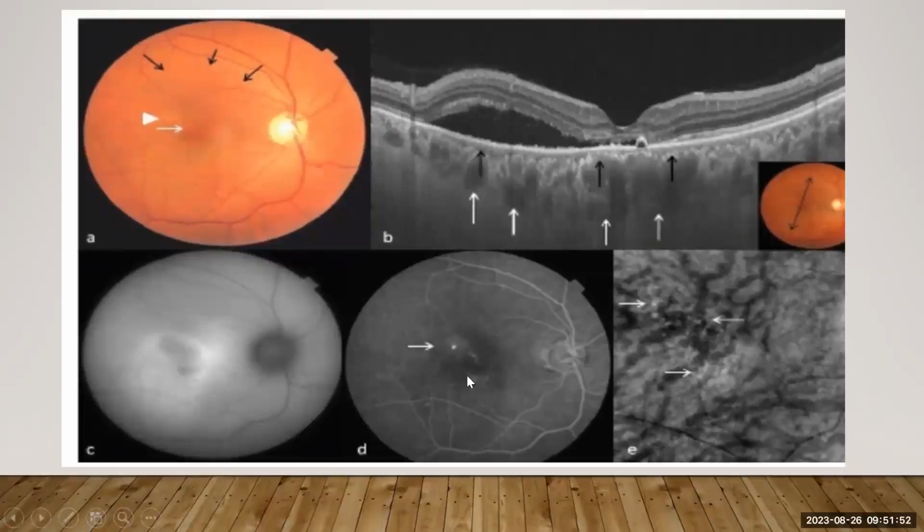The smokestack is when you have a lot of release through the RPE breaks and all. So this person has a serous retinal detachment. There's a small PED here, but this was more of a CSR than a polypoidal choroidal vasculopathy. The black arrow is pointing to thinned choriocapillaries. This big arrow. So what we have here is enhanced depth imaging, OCT EDI.